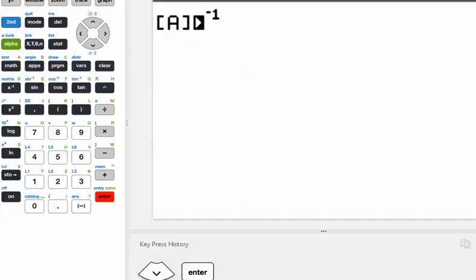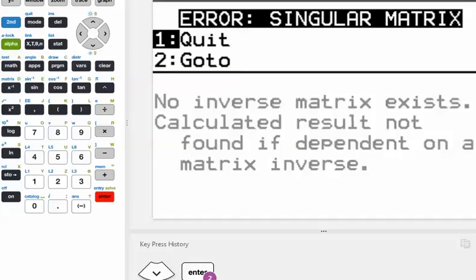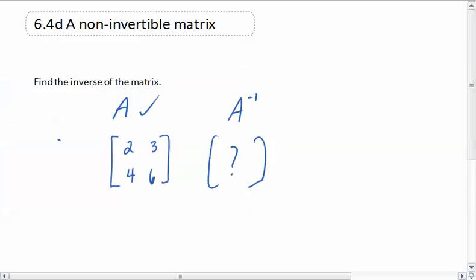So again, it says calculated result not found if dependent on a matrix inverse. So we can't solve this using an inverse matrix, right? We can move towards solving it, but let's take a look at why it didn't have an inverse.